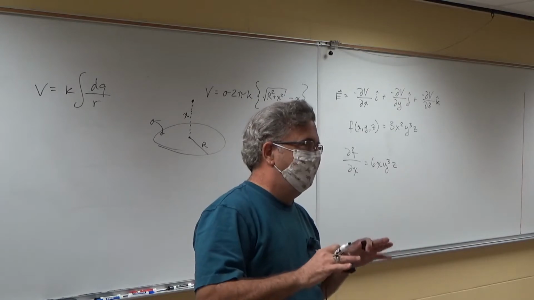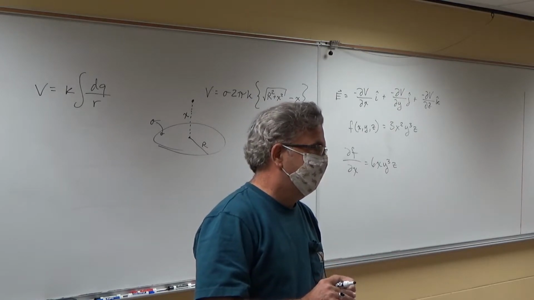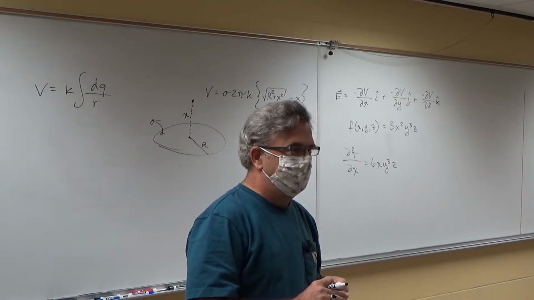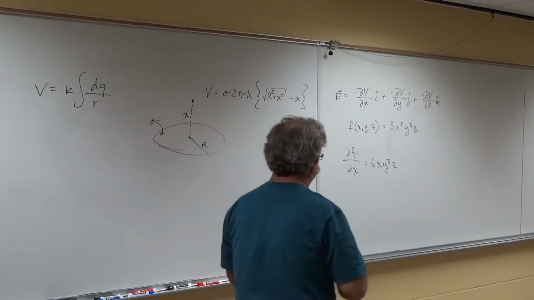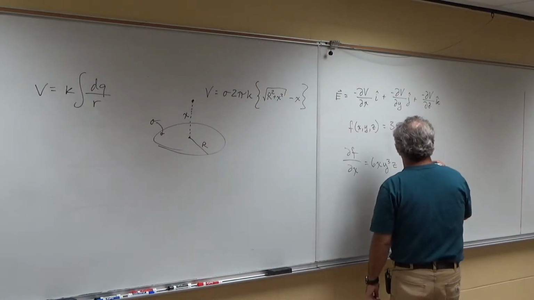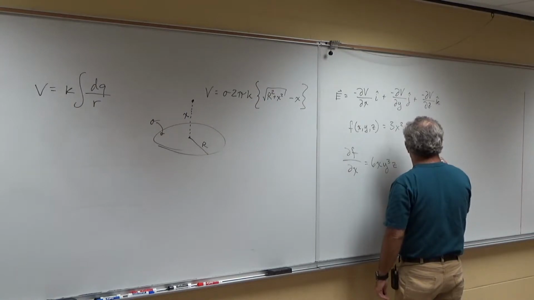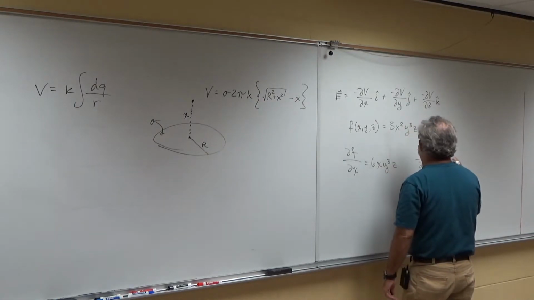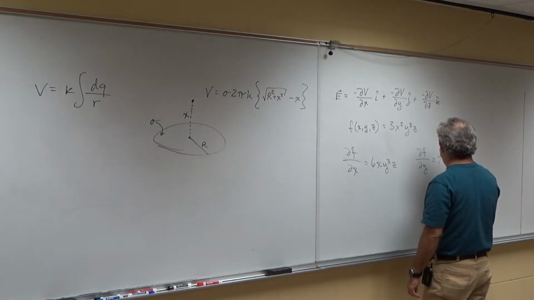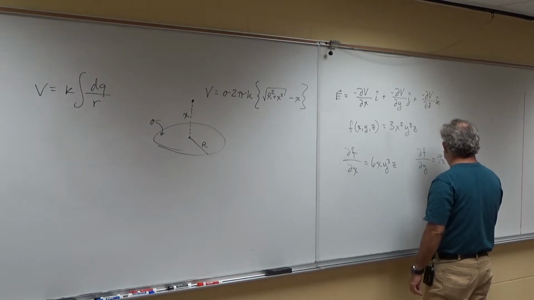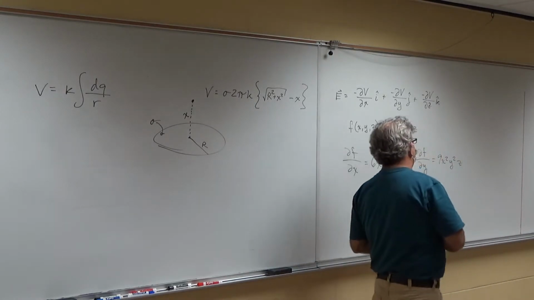This is a very simple explanation of partials. They're a lot deeper than this, but for us right now, this is fine. Partial of f with respect to y would be equal to 9x squared y squared z.